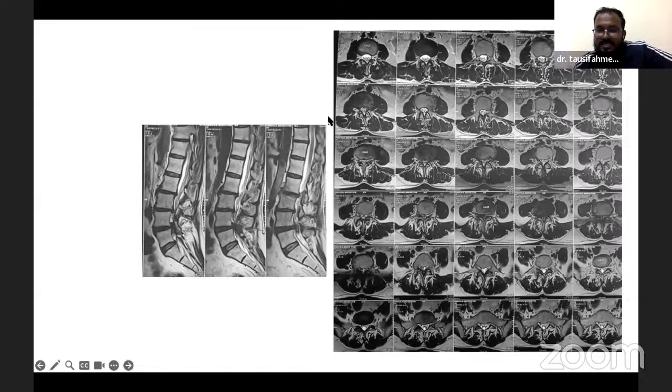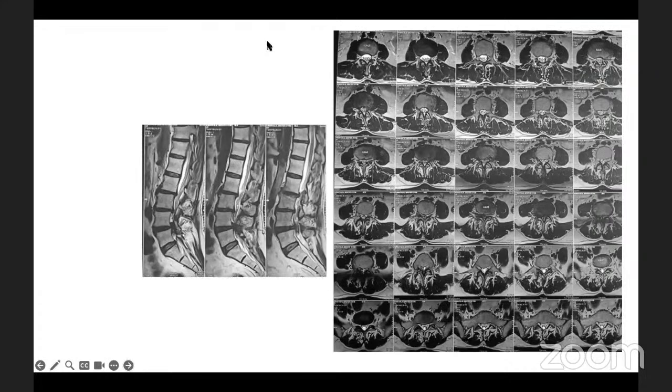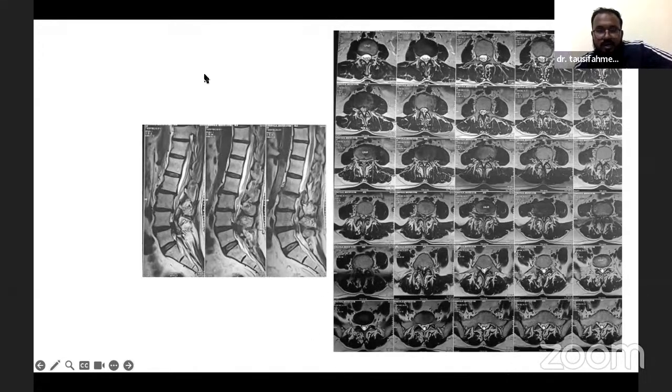Anything on the axials? You want to comment on the axials? The right side at 3-4 is also quite significant. Dr. Mustafa is also here. Dr. Mustafa, tell us what extra you can see on the MRI.